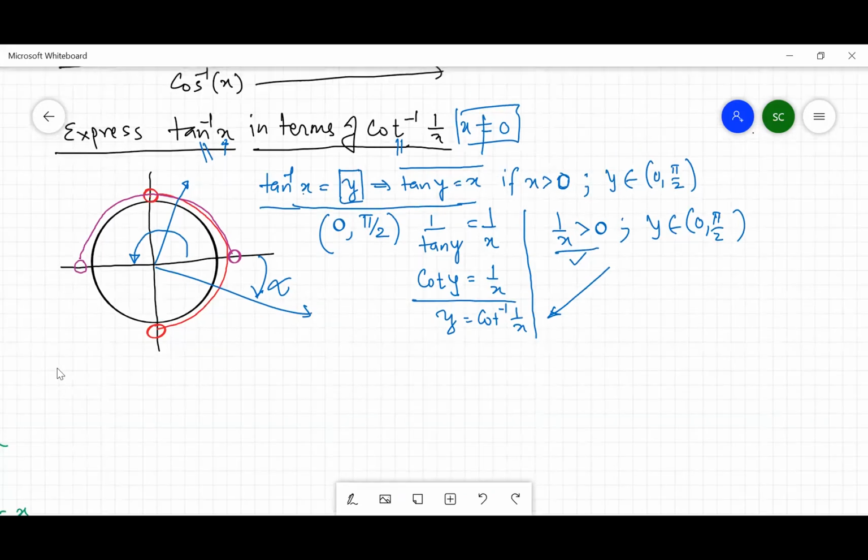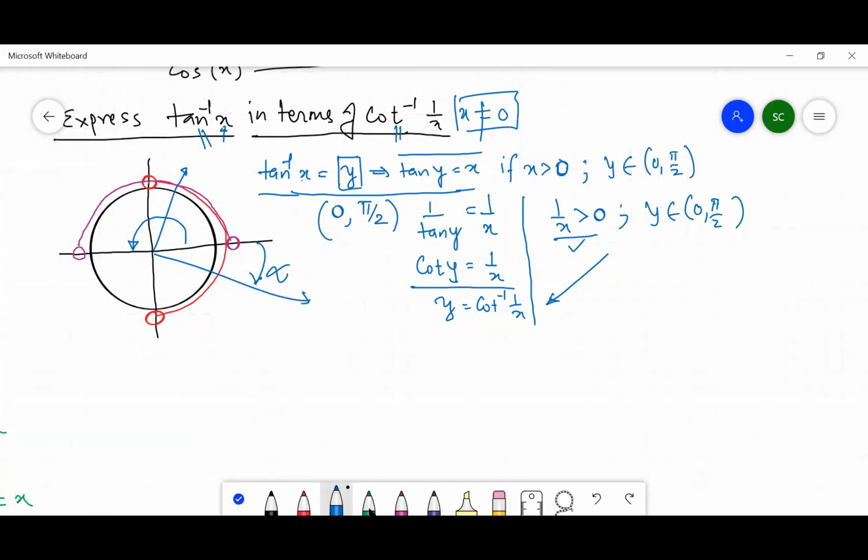Now, if x is less than 0, that means tan inverse of a negative quantity will give you the angle between. So if x is less than 0, tan inverse of x is equal to y. Y will belong to minus pi by 2 to 0 when x is less than 0.